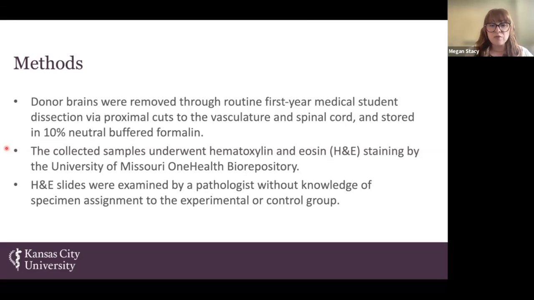The collected samples underwent H&E staining through our relationship with University of Missouri One Health Biorepository, and we got those stained slides back, and our lovely pathologist, Dr. Hamden, helped me look at those. She originally looked at them without knowledge of whether a specimen was assigned to the experimental group or the control group to prevent any sort of bias against what she might have been seeing.